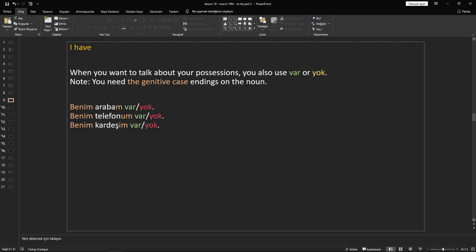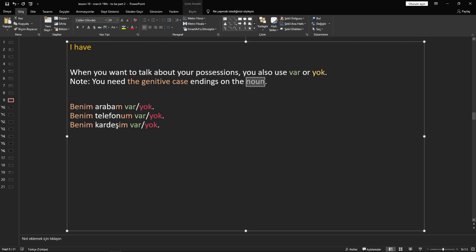So terminology here again, noun means words that are objects or abstract things. Adjectives are things that describe nouns. So after an adjective, you will see a noun.